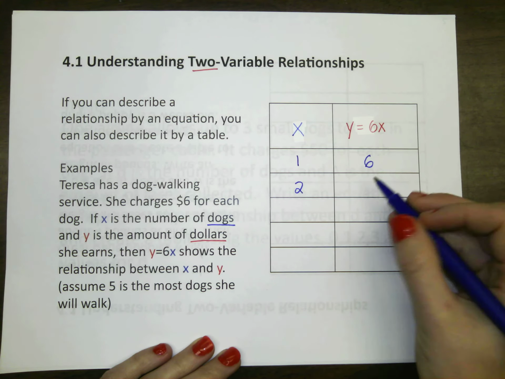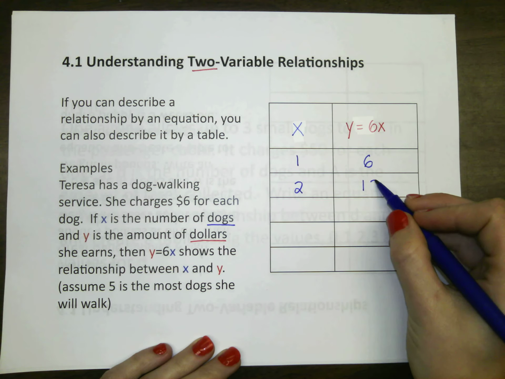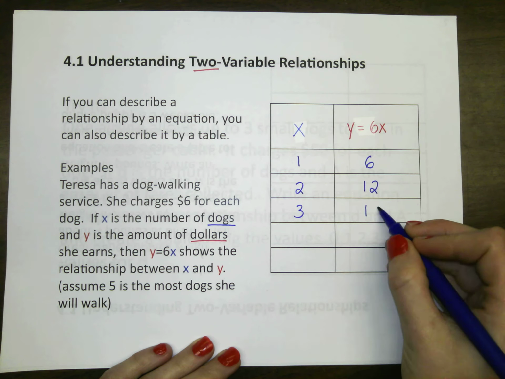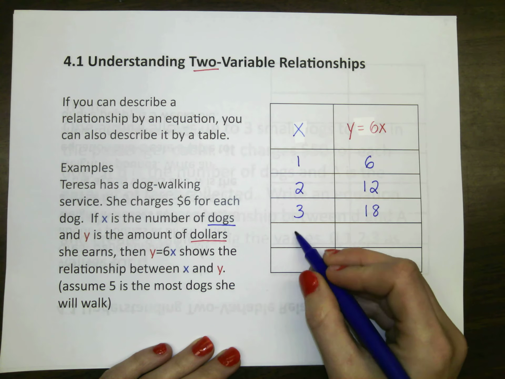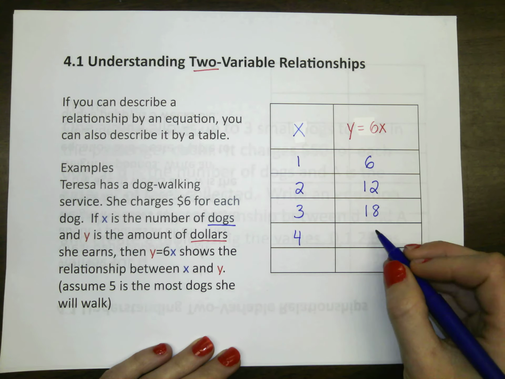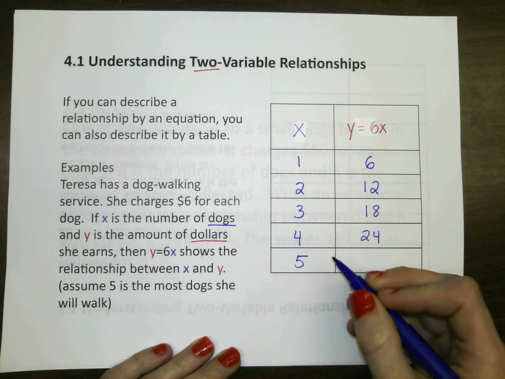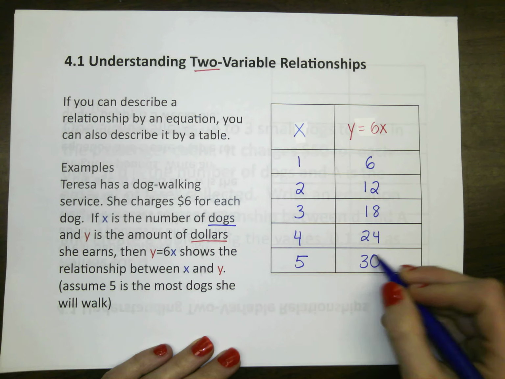When X is equal to 2, Y is equal to 6 times 2, which is 12. And so on. So you fill in the table, which helps explain the relationship between the two.